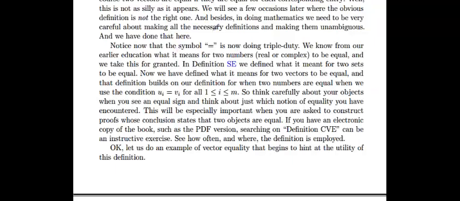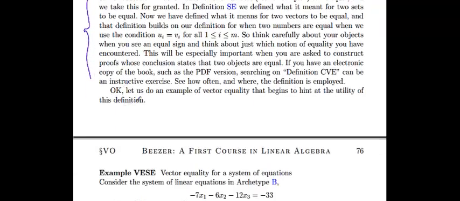All right, now here he's making a point that's kind of important, is that you're now using the symbol equals in a different sense. When you say x equals 3, you're talking about x as being a real number. Here we're talking about equals in a different kind of mathematical object. Okay, so this is good to take to heart.